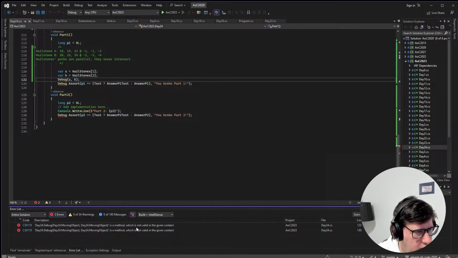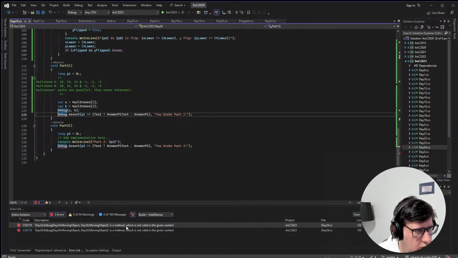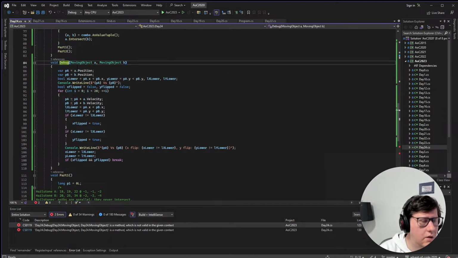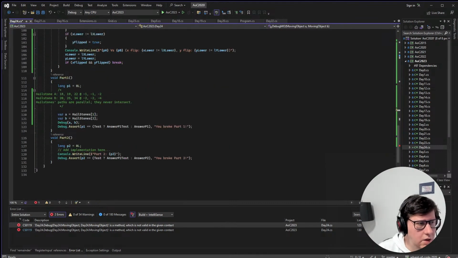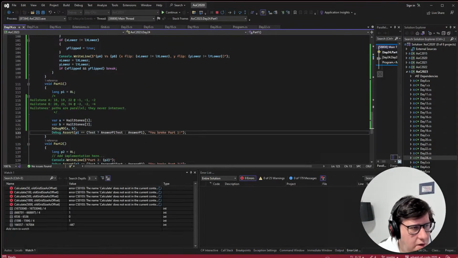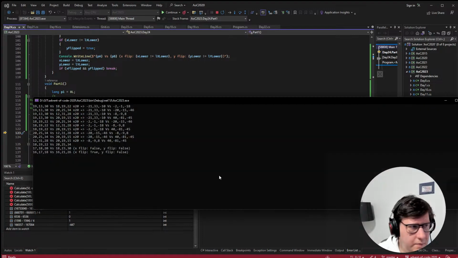Let me see. What? Okay. Debug movable object. Okay, like this. So this one should still be the same, except it exits after both have flipped once.